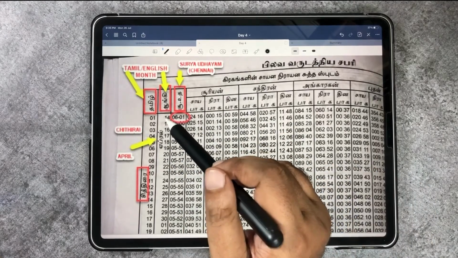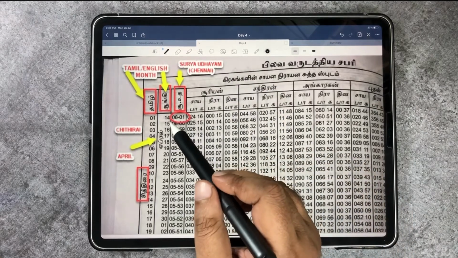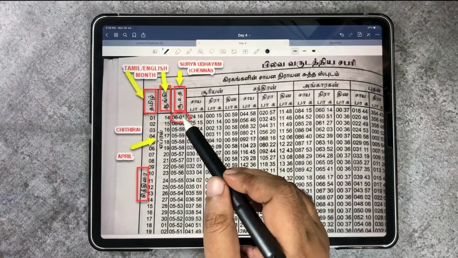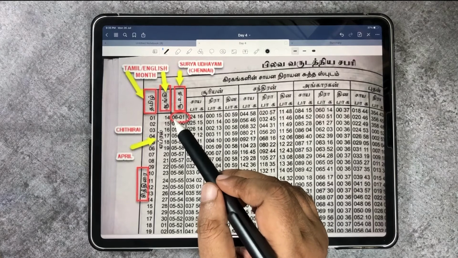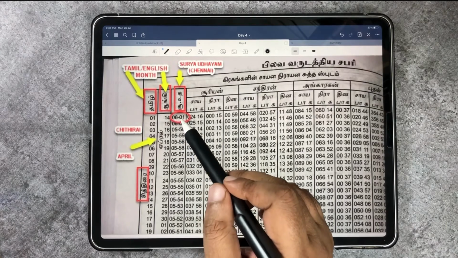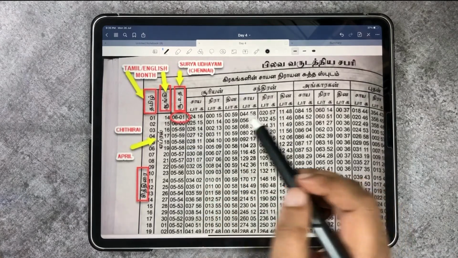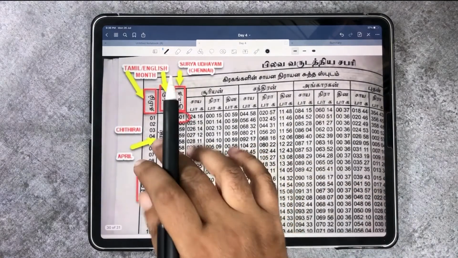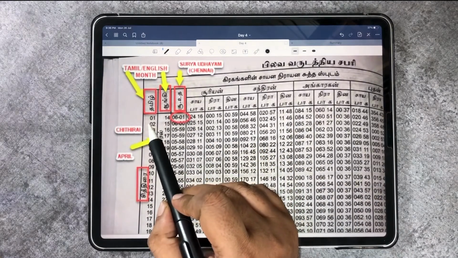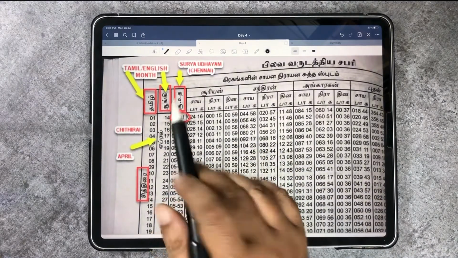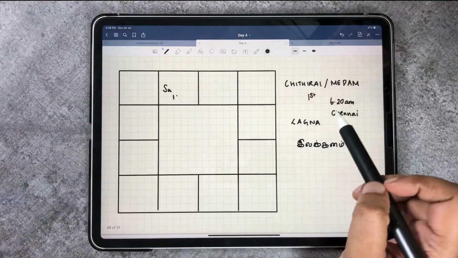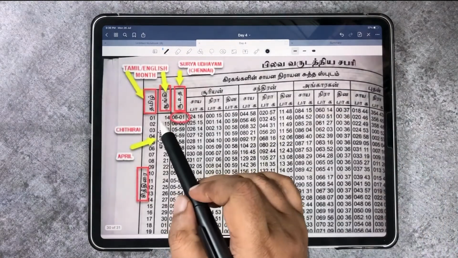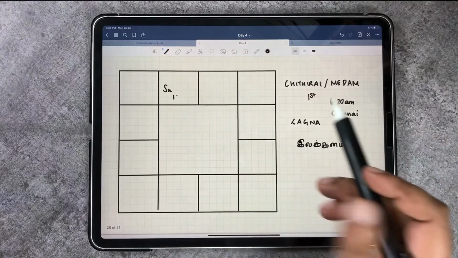The date is 14th. And right here you have 6:1, that is 6 hours and 1 minute, or 6:01 a.m. in the morning. This is for Chennai. So the Surya Udayam on the 1st of Chittirai, or April 14th, would be 6:01 a.m., right?